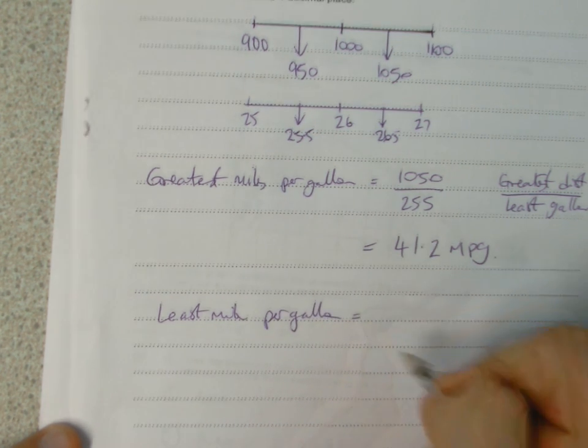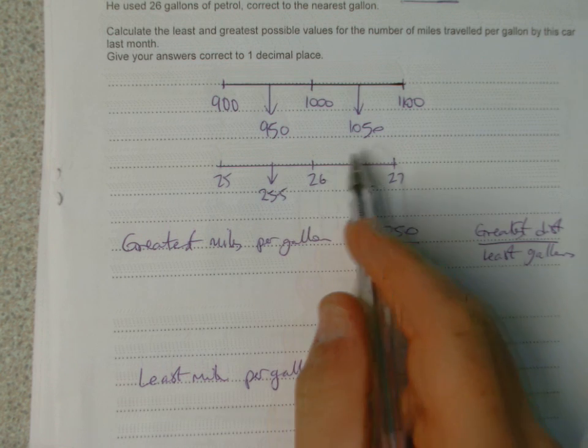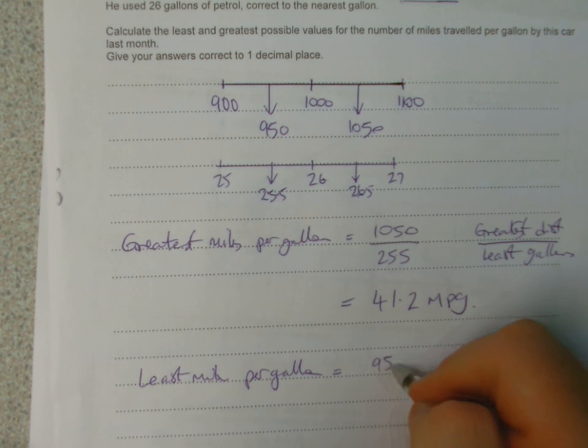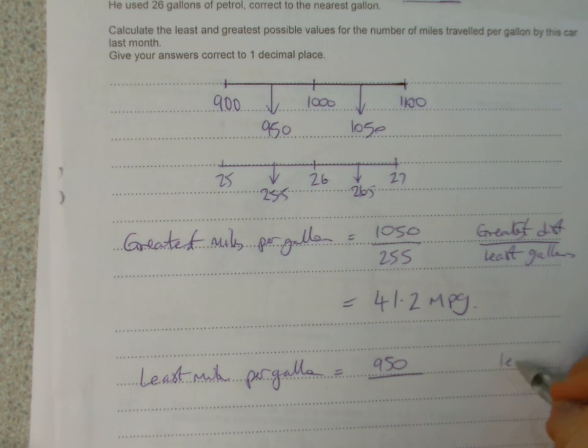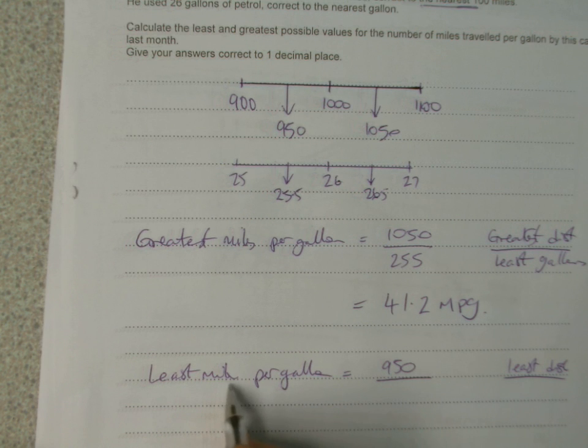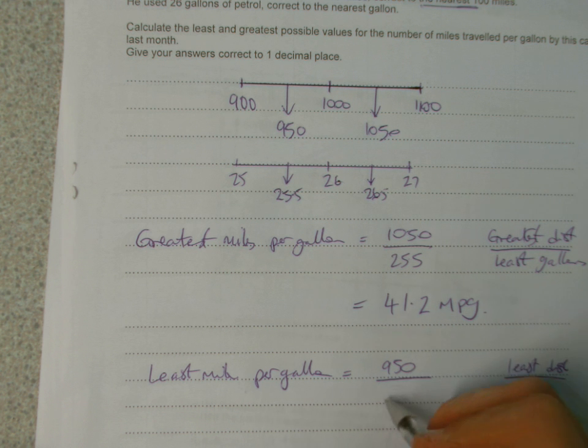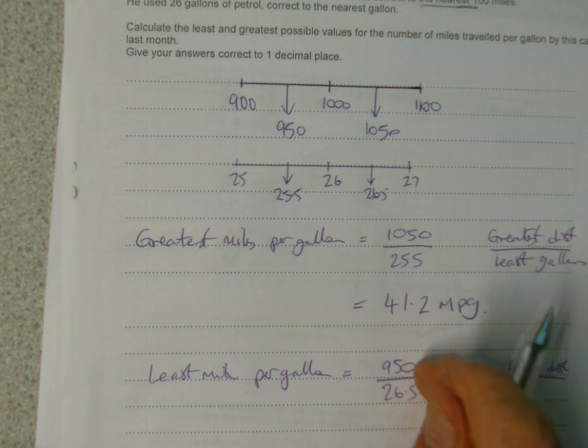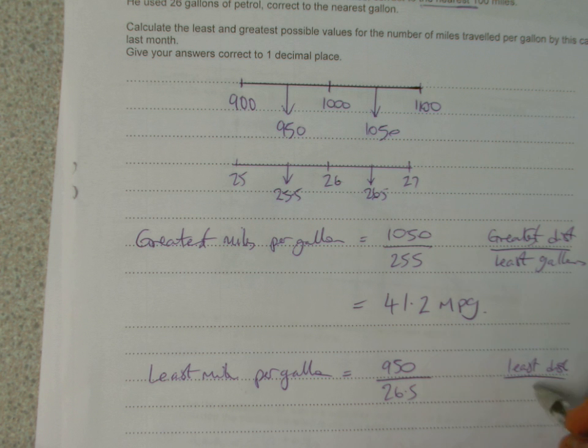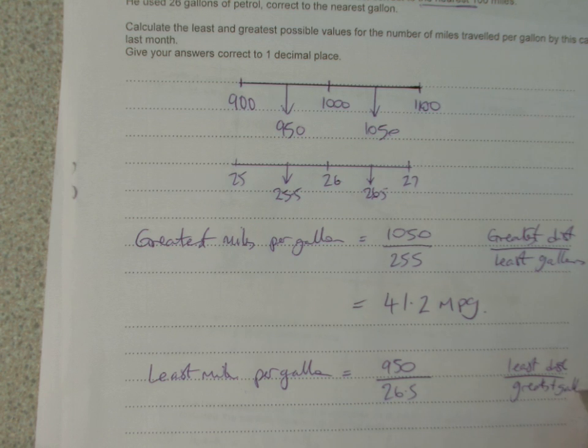And then if we do the least miles per gallon, you want to look at the shortest distance, which is 950, so the least distance. And to make this answer as small as possible, we need to divide the least distance by the greatest value on the bottom. So the smallest number on the top, biggest number on the bottom, greatest gallons.